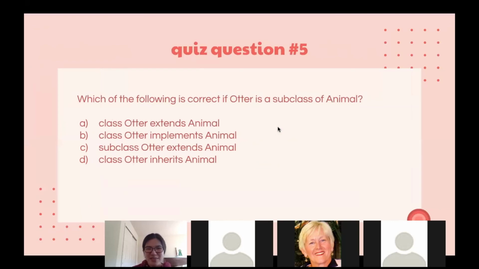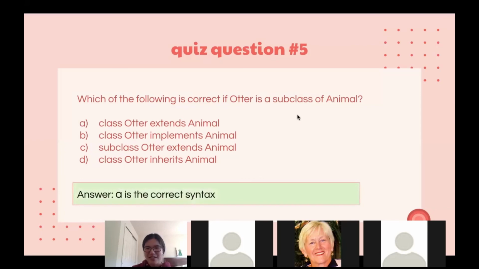All right, so number 5, which of the following is correct if otter is a subclass of animal? Yep, so when you're declaring a subclass, you have to have class child class extends parent class.